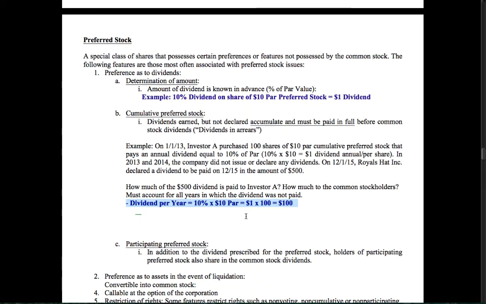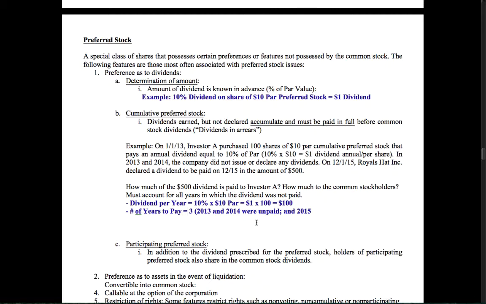So now that we know what the dividend per year would be for those 100 shares that Investor A owns, we need to figure out how many years the company needs to pay. And given our example, the company needs to pay 3 years because they did not pay any dividends in 2013 and 2014. Therefore, they have to pay the full 3-year amount in 2015.